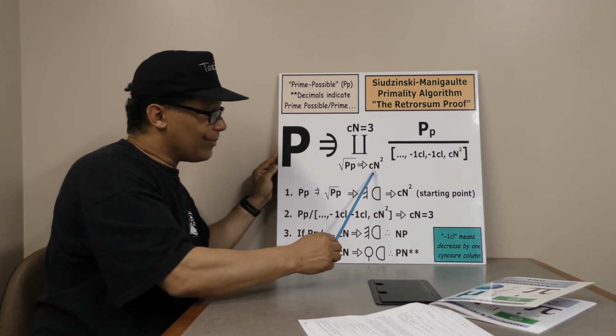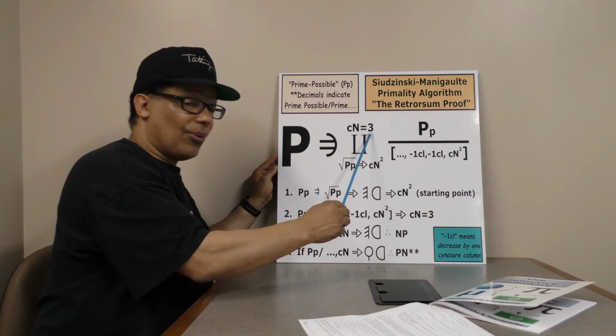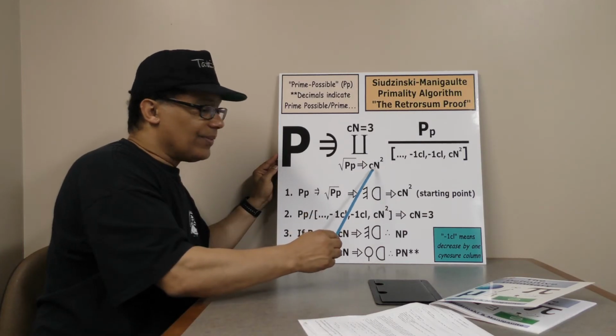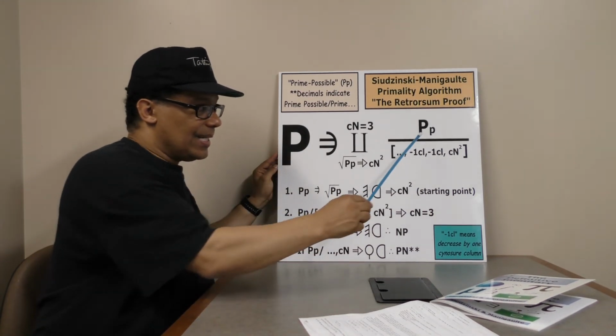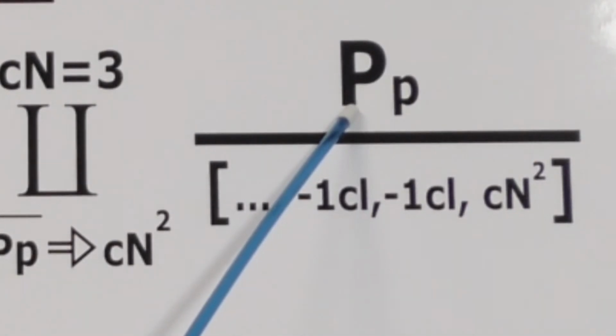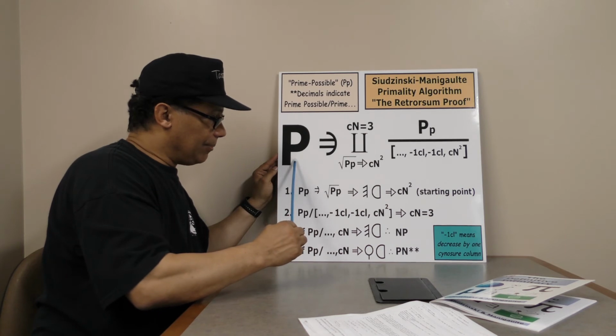We proceed in reverse until we arrive at the cynosure number 3. Once we get there, and all of these numbers in reverse divide into the prime possible and produce decimals, then we know for sure that that prime possible is a prime number.